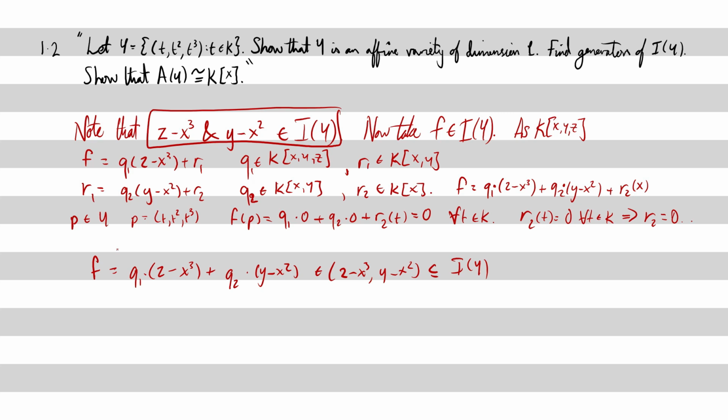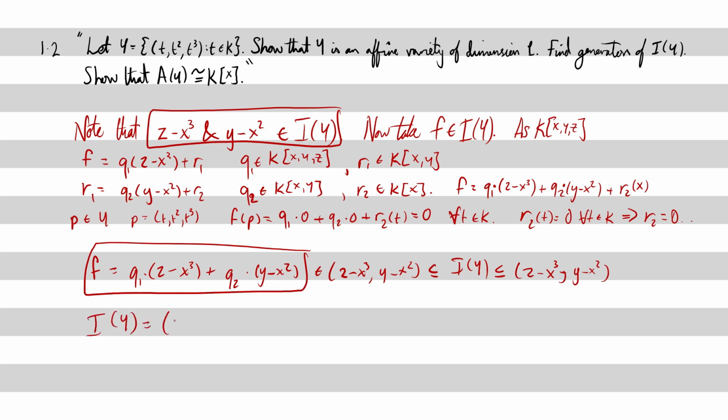But any element of I(Y) is within there, so it's also a superset. So the two are equal: I(Y) equals (z minus x cubed, y minus x squared). Therefore, we have found the generators of I(Y), which are z minus x cubed and y minus x squared.